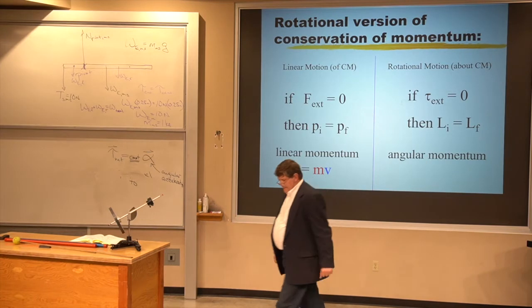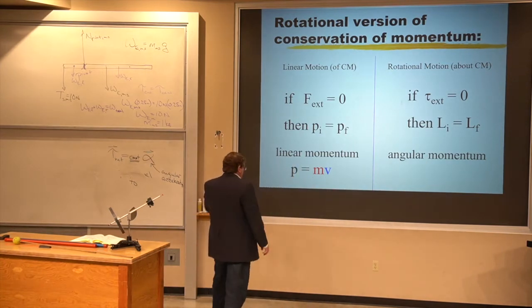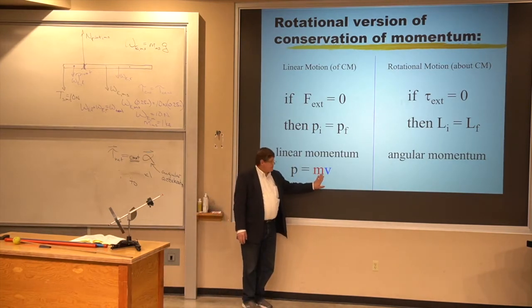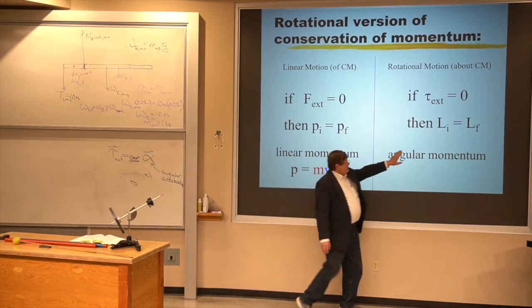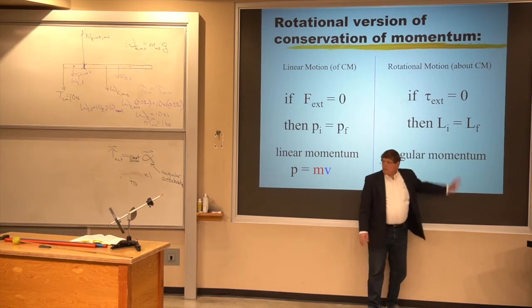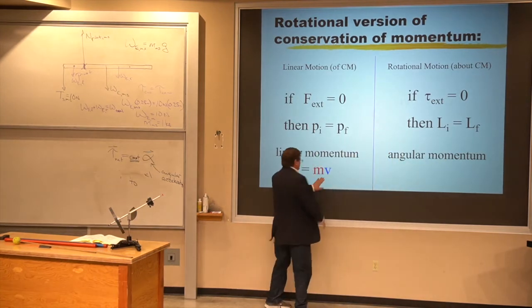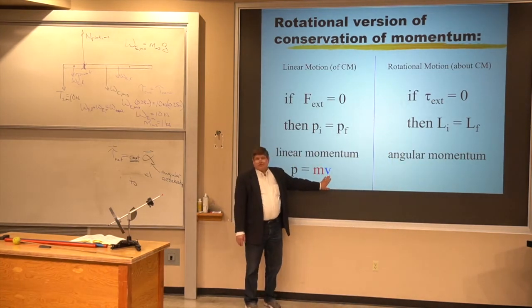Now think for a moment. If linear momentum is mass times linear velocity, what's this angular momentum going to be? What should we have instead of linear velocity? Well, it makes sense to me that it should be the angular velocity.